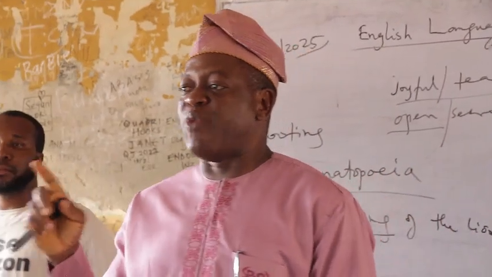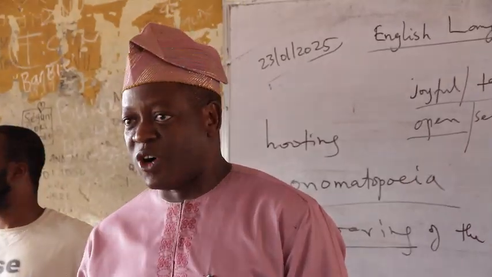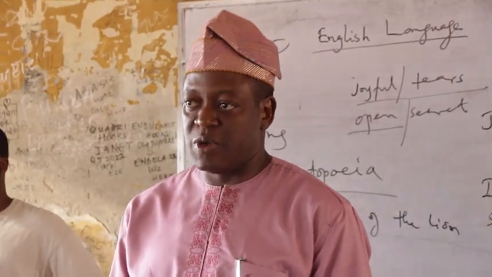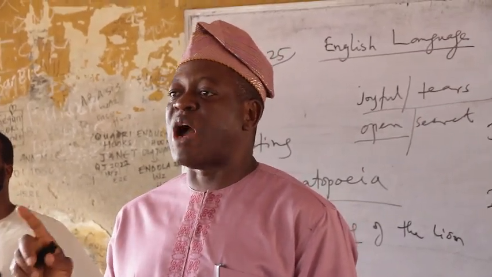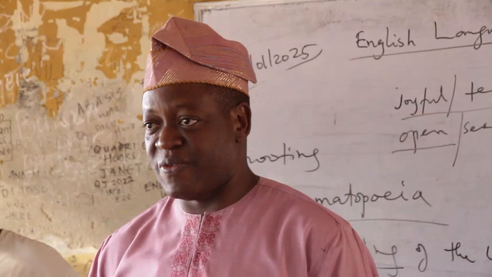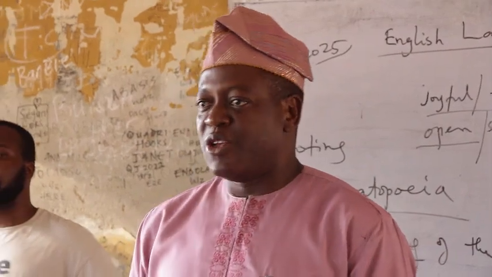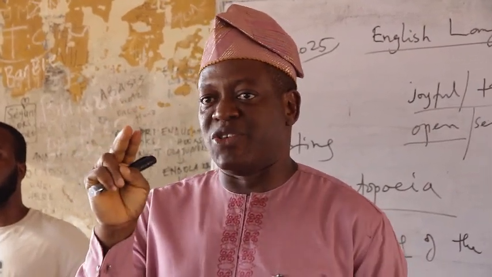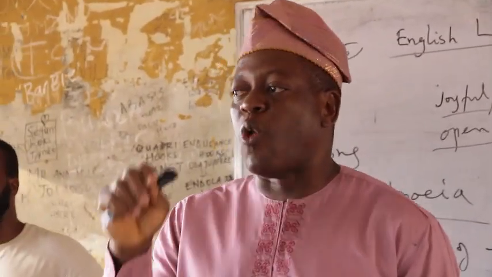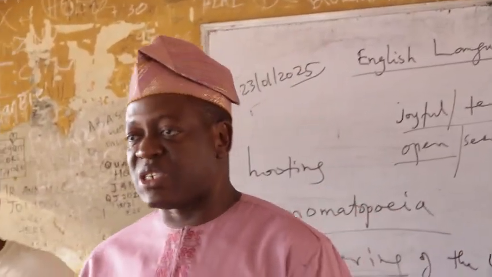I will not leave my wife in 1 million years. What figure of speech is that? That's a hyperbole. They couldn't have lived up to that number of years. Two questions are usually asked in this aspect. They will say, what figurative expression is this?